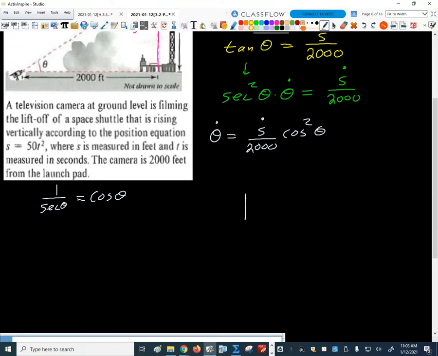And this is all coming from the statement tangent of theta equals 5,000 over 2,000 for our snapshot, right? This is a snapshot value.